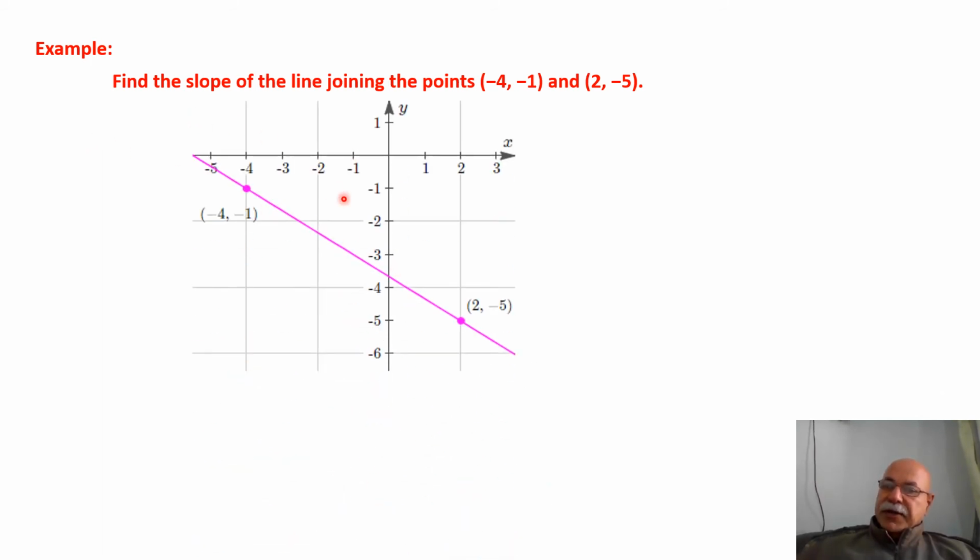We draw it like this, because we have -4, -1: the -4 is on the x-axis and the -1 is on the y-axis.